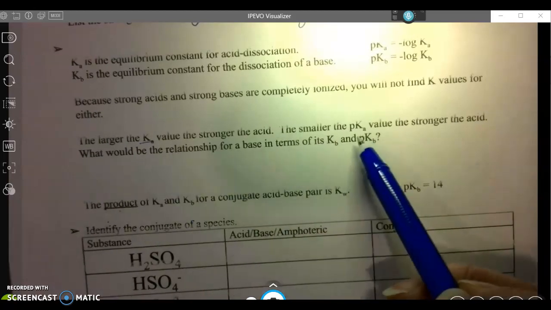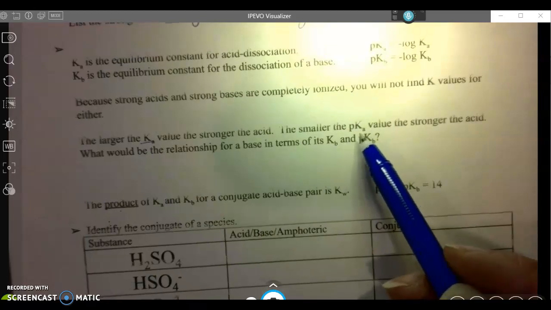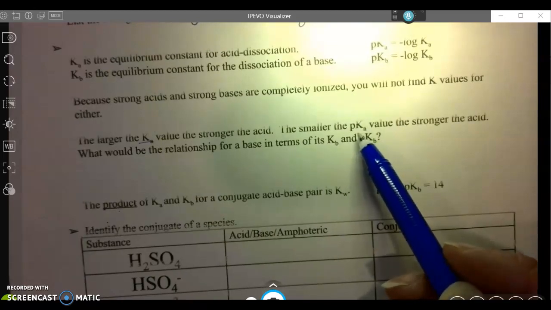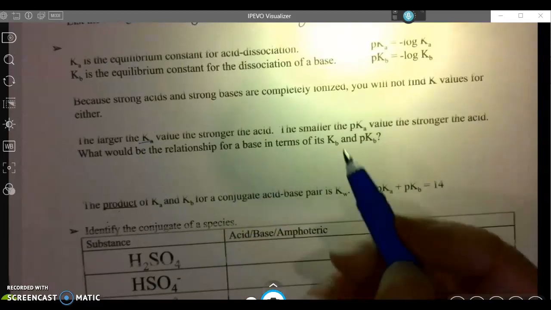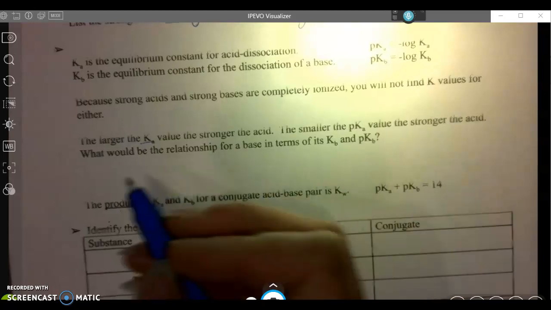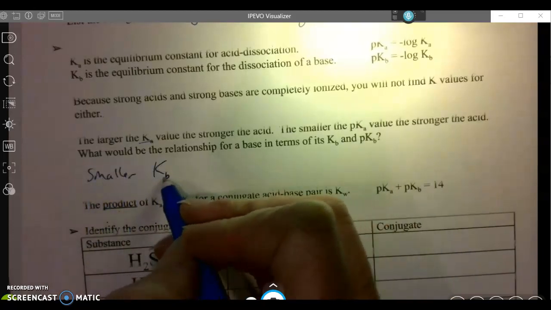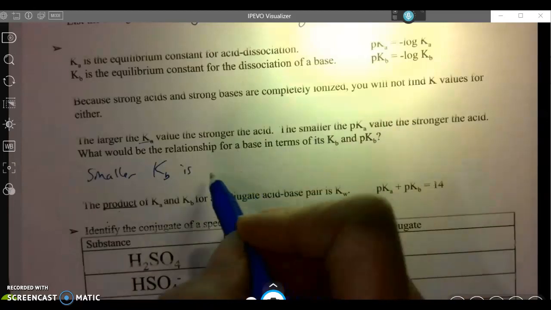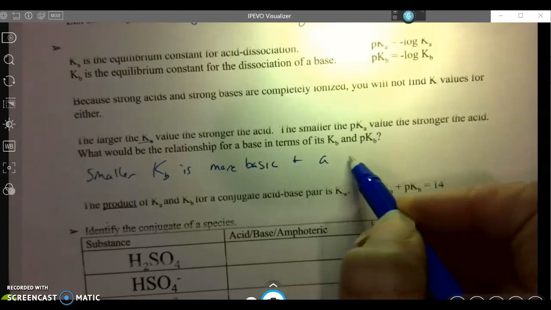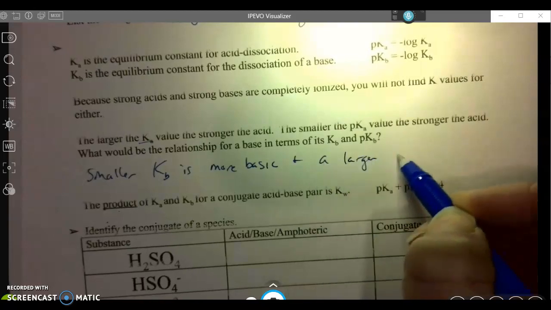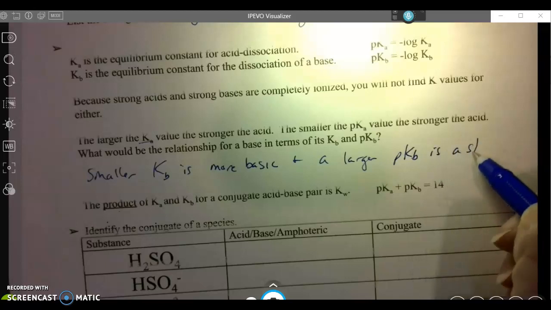Lower pH values are stronger acids, so lower pKa values are stronger acids. A smaller Kb is less basic, and a larger pKb is a weaker base.